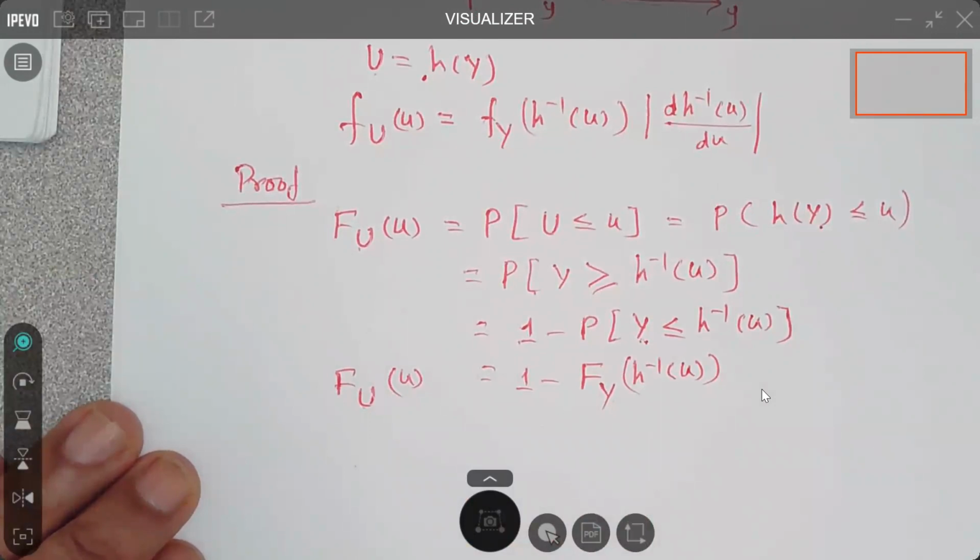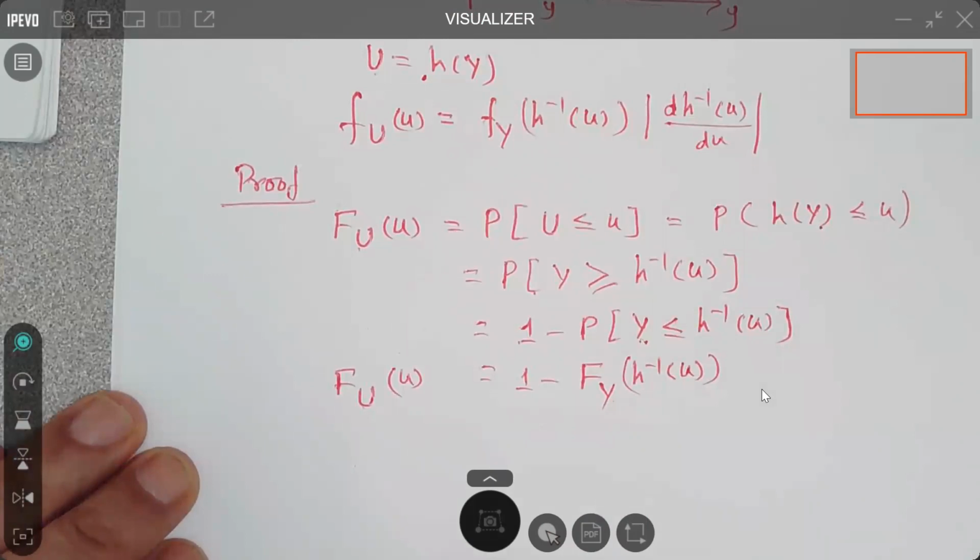Now we want to find the density function. To go from CDF to PDF, what do we do? Take the derivative, right?